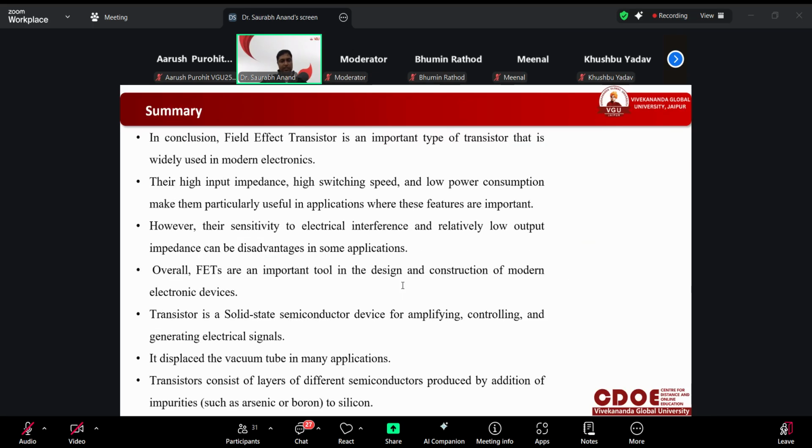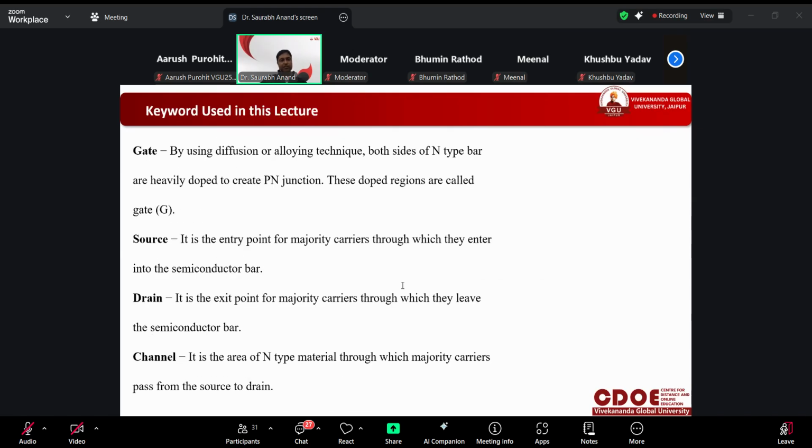So today we discuss about the amplifier, that is use of transistor as an amplifier, FET, MOSFET, right? And these are the keywords that we use, that is gate, source, drain.